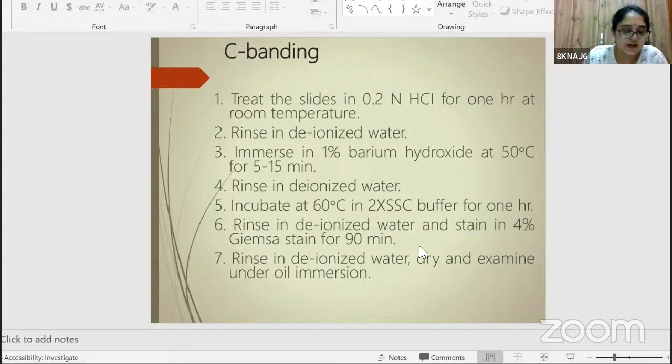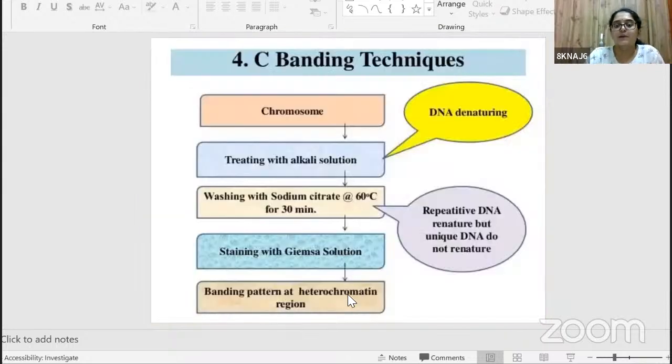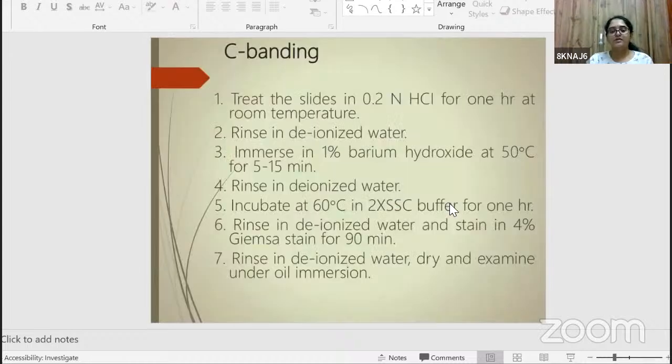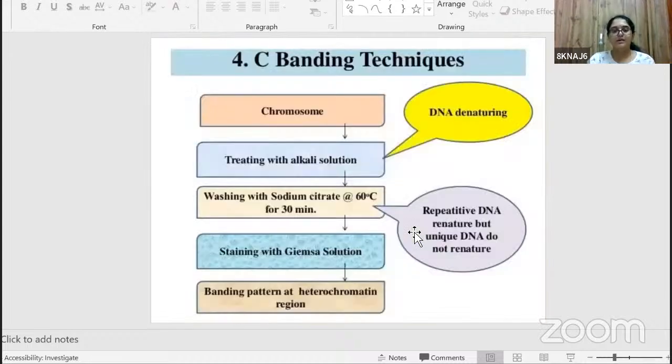Then if the chromosomes are treated with alkali, that is barium hydroxide, then rinsed in deionized water, and then you add a buffer to it for 1 hour, again stained with Giemsa, rinsed in deionized water, dried and observed under the oil immersion microscope basically. So you get a banding pattern of the heterochromatin region basically.